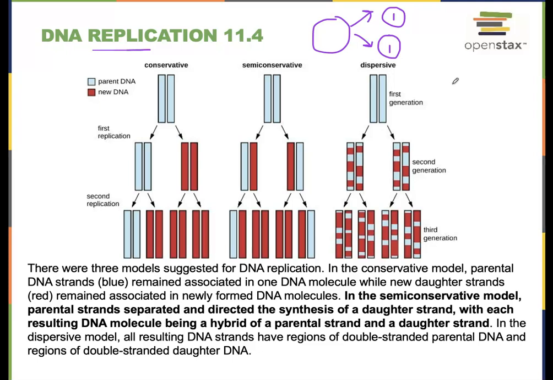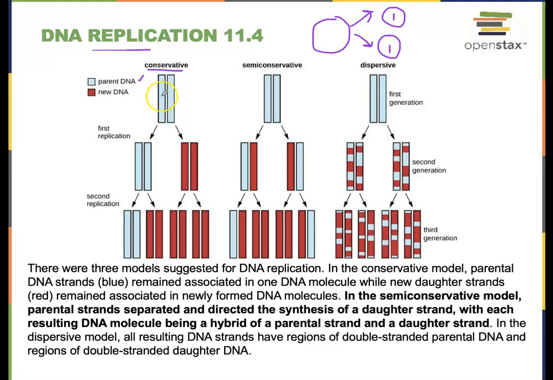So how is DNA copied? All right, so DNA replication. There's a lot of information here. When scientists were starting to figure out how DNA is copied, they had basically three choices. Conservative, meaning that you're going to conserve. So this light blue is going to be the parent strand. So you have two original strands of DNA.